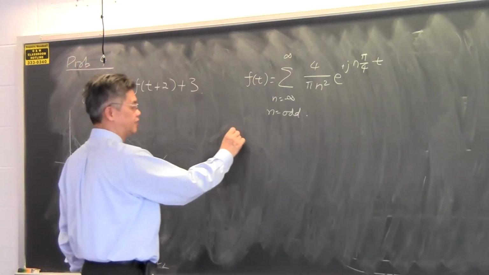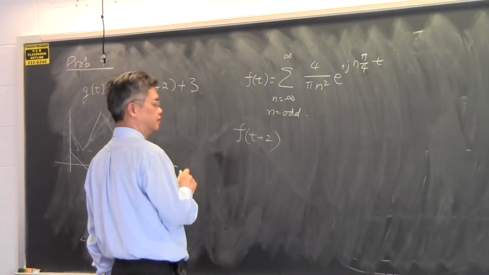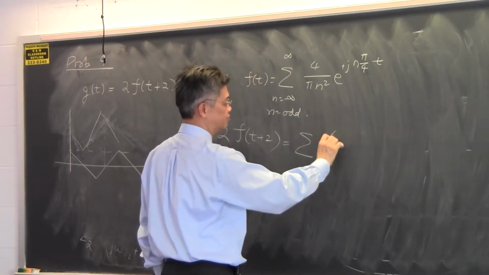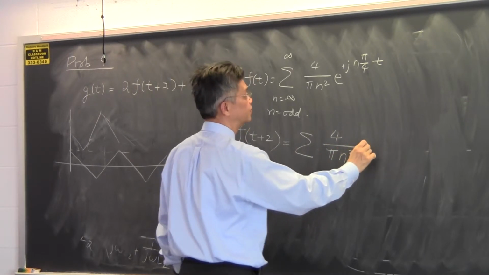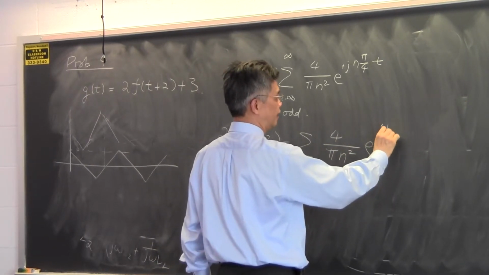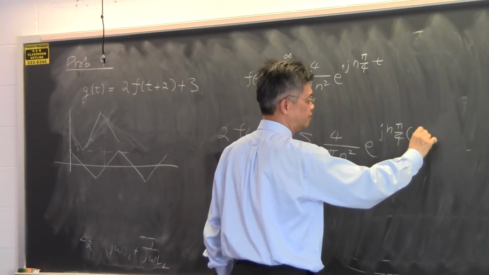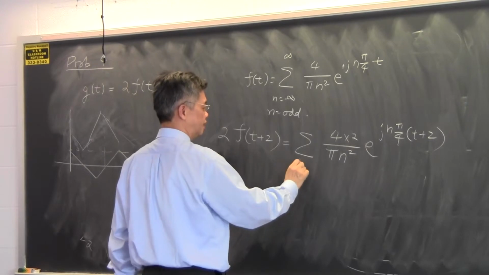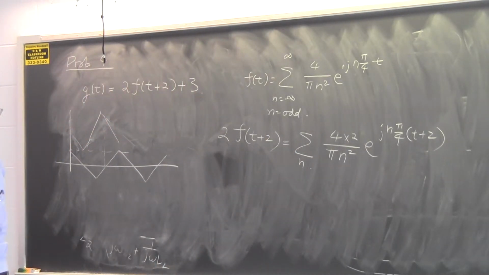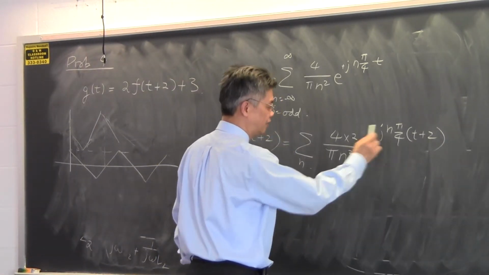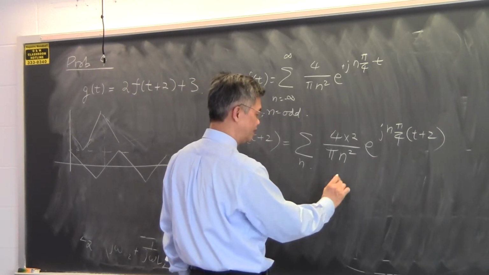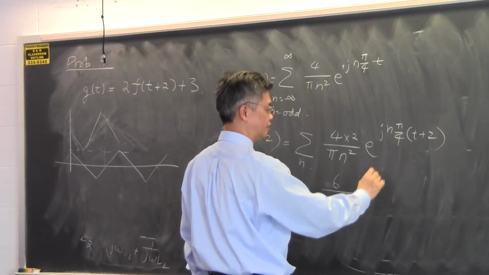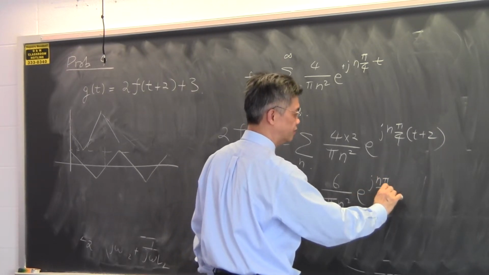Then you can figure out what f of t minus 2 is, and then what 2 times f of t minus 2 is. You will just have to shift it, and then multiply by 2 inside, and then sum over the n the same way. And then the shifting by 2 gives you an additional phase factor, so you get 6 over pi n squared in this phase factor, and then you have e to the j n pi over 2.